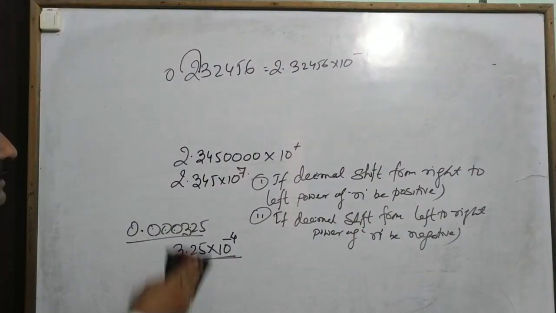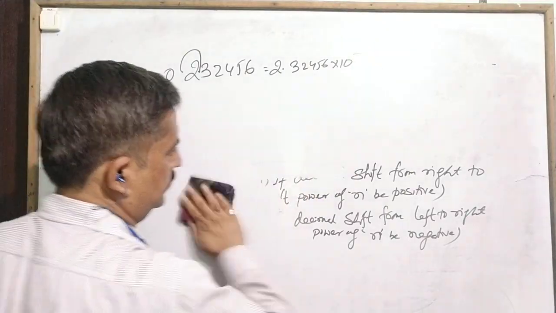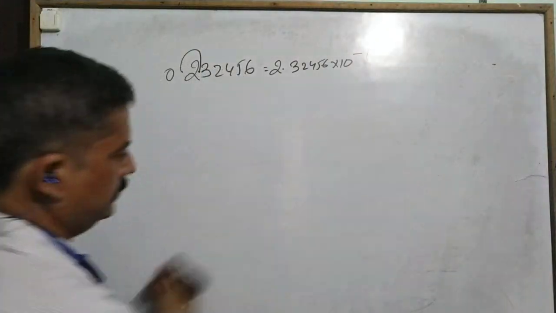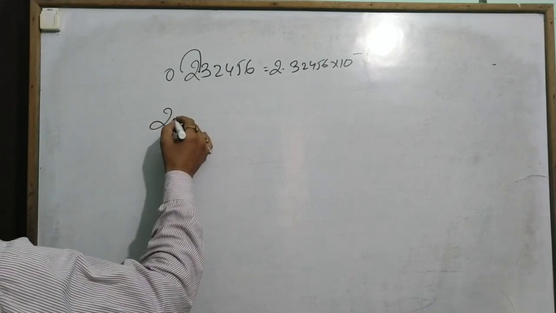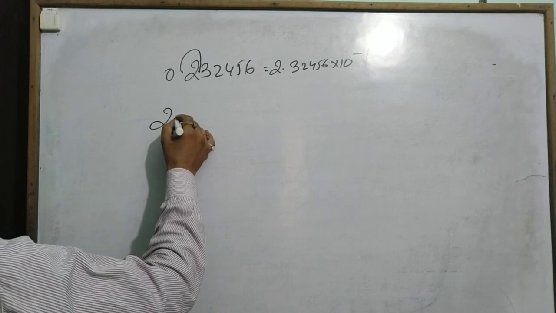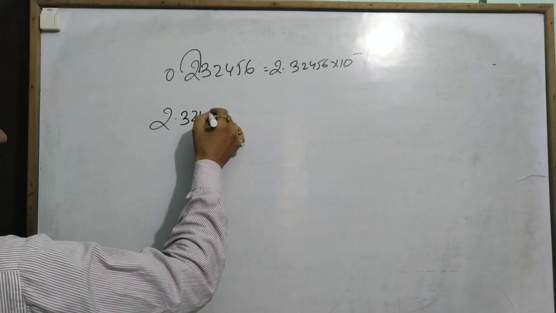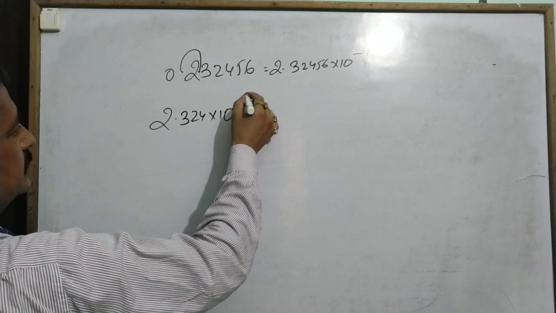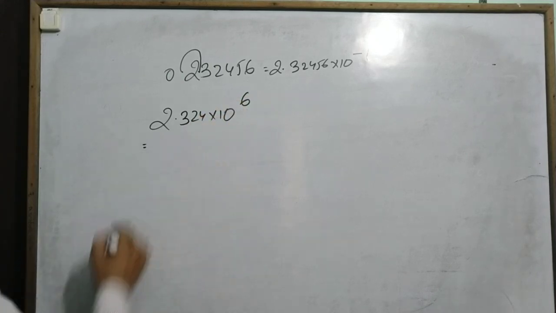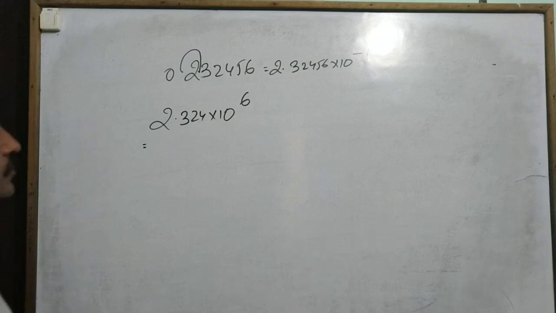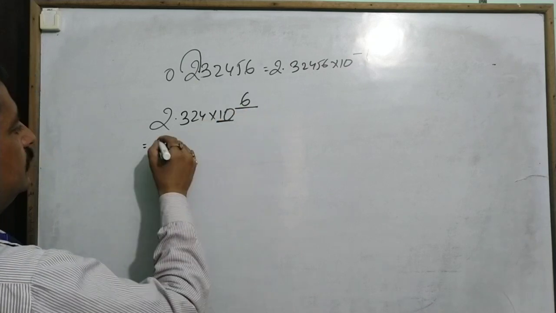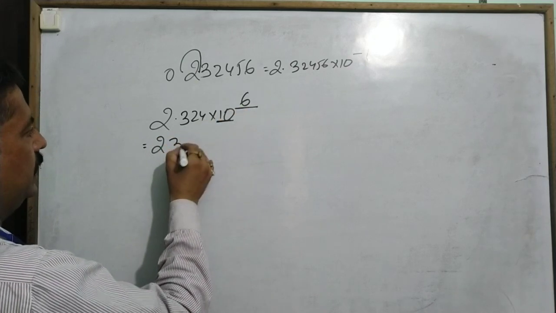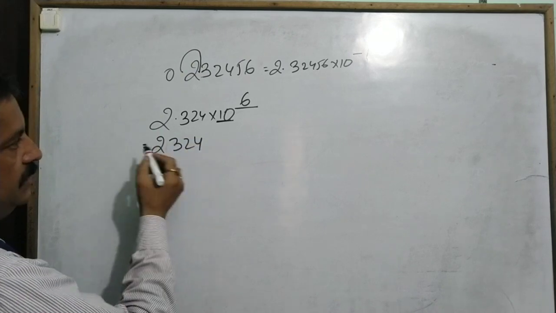Now if the question is 2.324 into 10 power 6, what is the number? We check the digits 2, 3, 2, 4. That's the number.